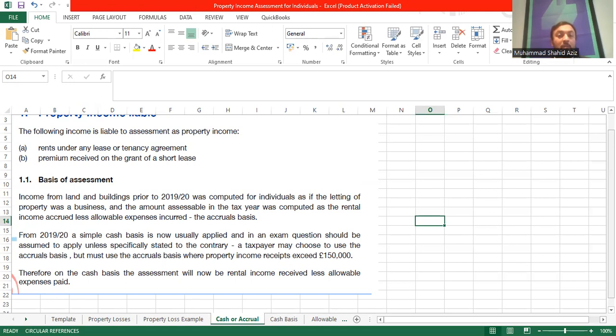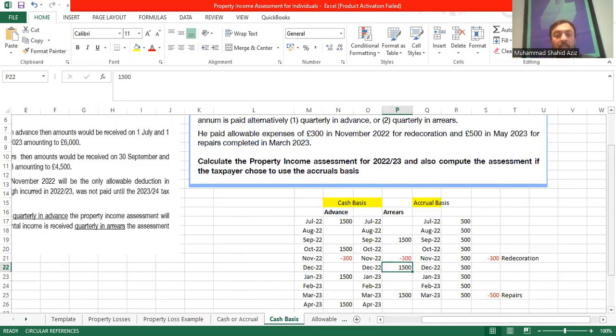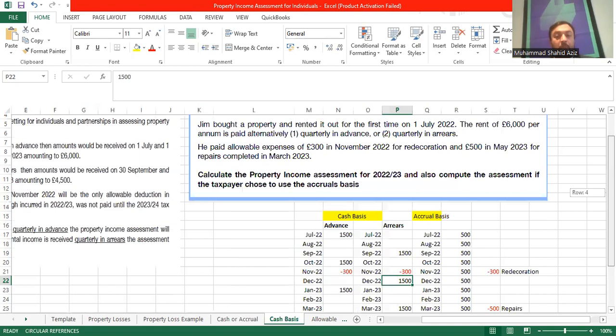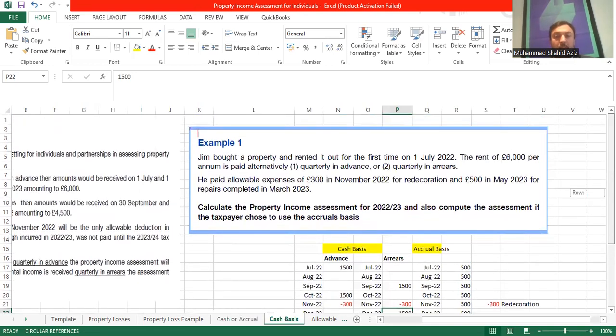If the property income receipts are up to £150,000, we use the cash basis. If it is more than £150,000, we use the accrual basis. So let's see an example of the cash basis and accrual basis to make our concepts further clear.